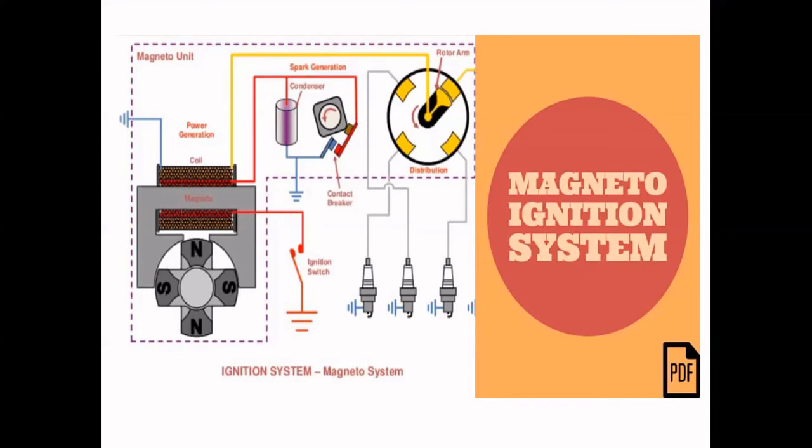And this magneto ignition system is more useful. Why is it more useful? Because we don't have any external power source. The magneto itself is a self electricity generator. It is a small generator which produces the required electricity, and that is sufficient for the complete ignition system and to have better ignition.